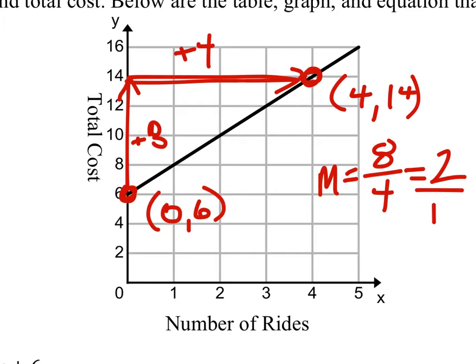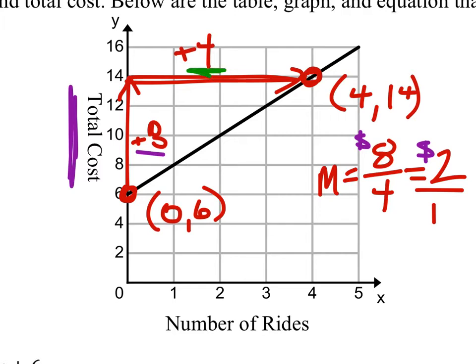But it also says to identify or tell what the slope means in context, which, as we can see, the upwards is the total cost. So when we went up 8, we were talking about $8. So the 2 would be $2 as well. Okay. And then we went to the right 4.